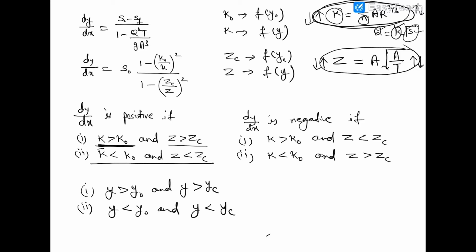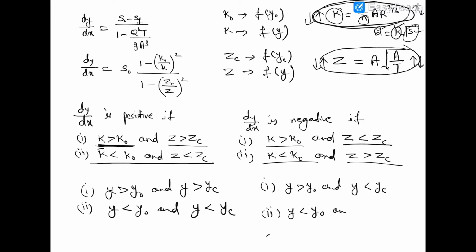For negative value of dy upon dx also we can write these conditions in terms of depth of flow. y is greater than y naught and y is less than yc. y less than y naught and y greater than yc. By combining these we can write y is greater than y naught and y is less than yc.